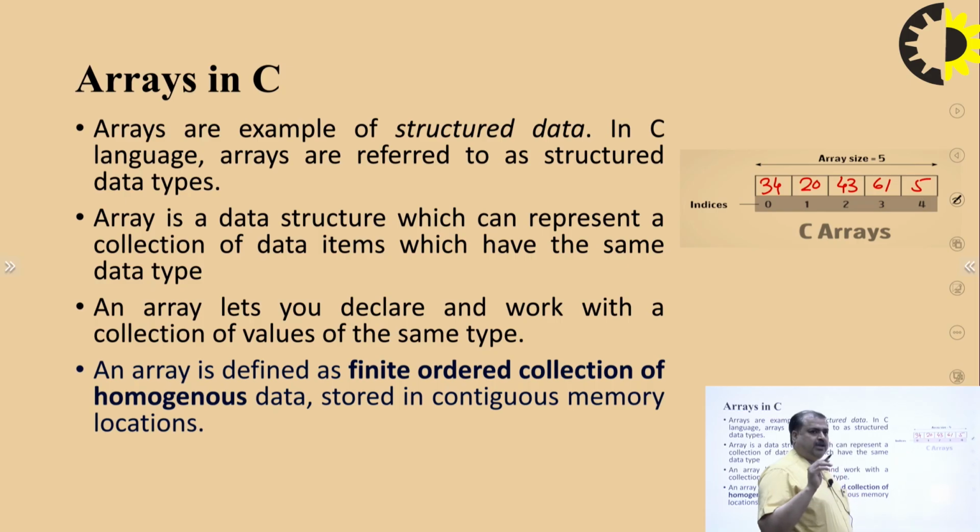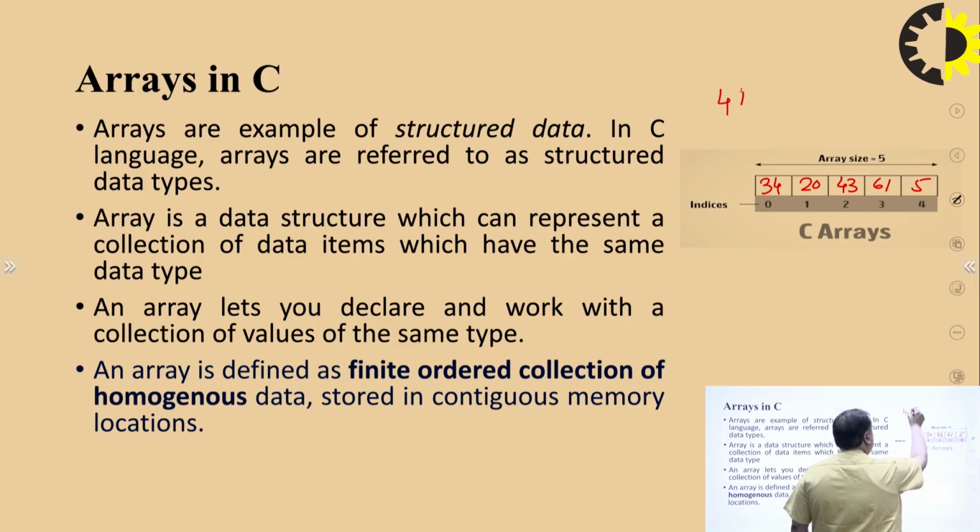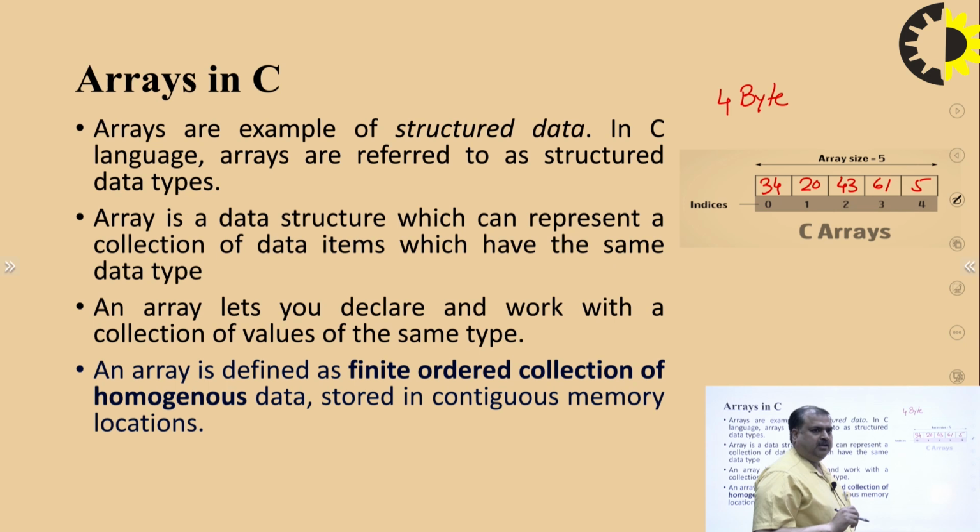Now I hope you remember how much memory is required to store one integer. An integer requires 4 bytes of memory. So one element will be stored in 4 bytes. In that situation, consecutive bytes will not be available for separate elements.